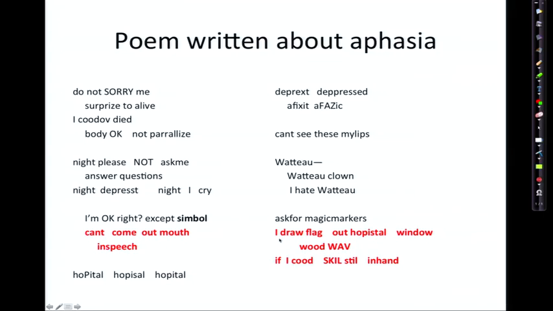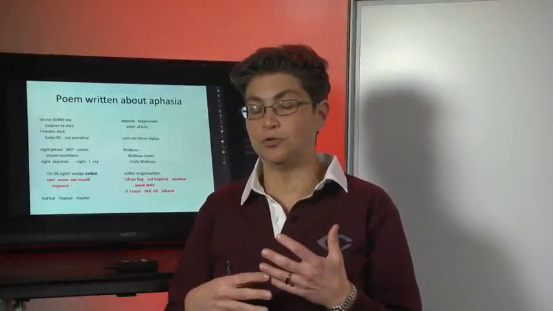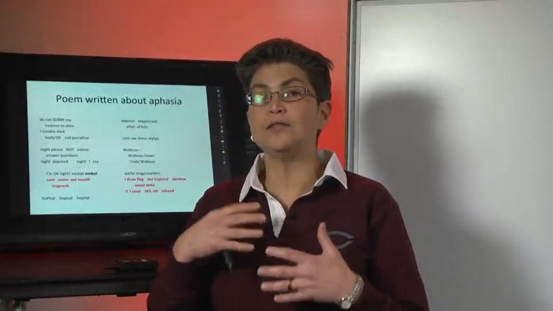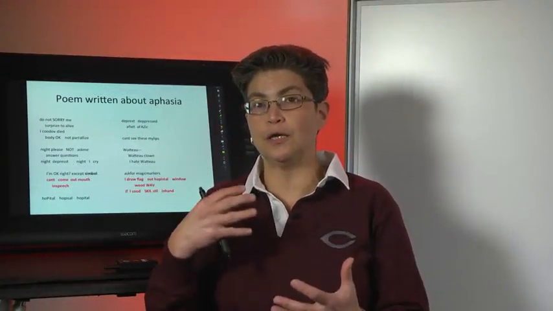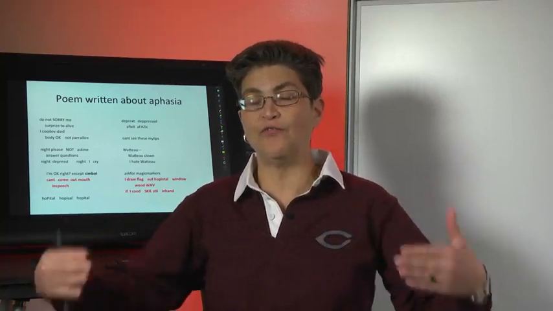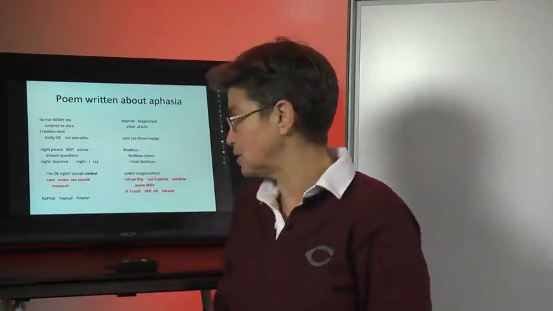And another part, she says, "I draw flag out hopistol window, would wave if I could," spelled COOD. "Skill still in hand." So there are a lot of spelling errors that she's done to convey the confusion that an individual with aphasia experiences.